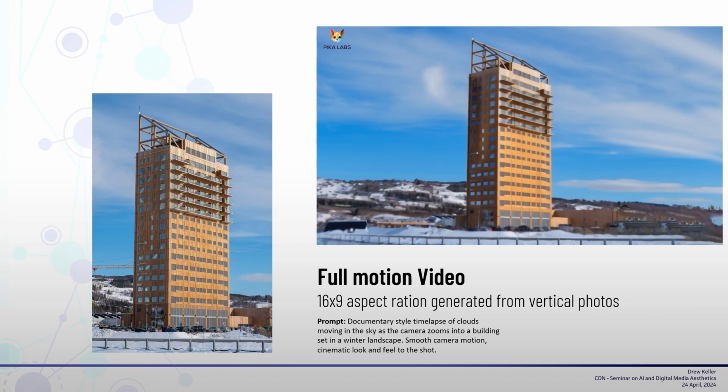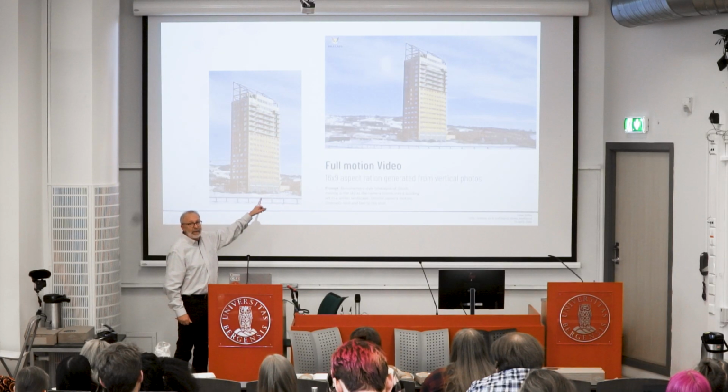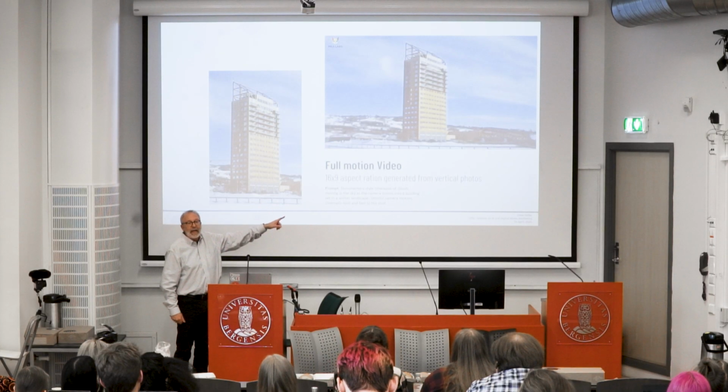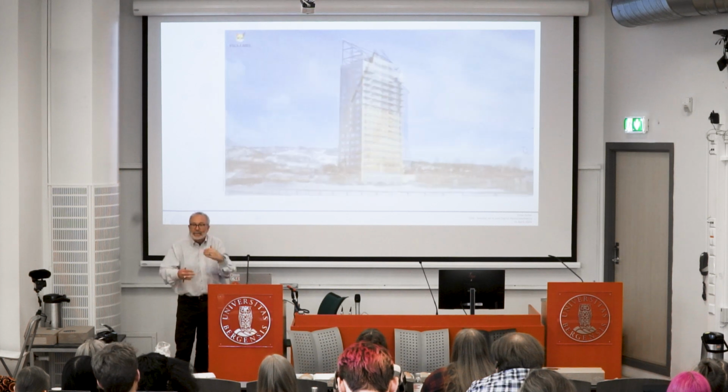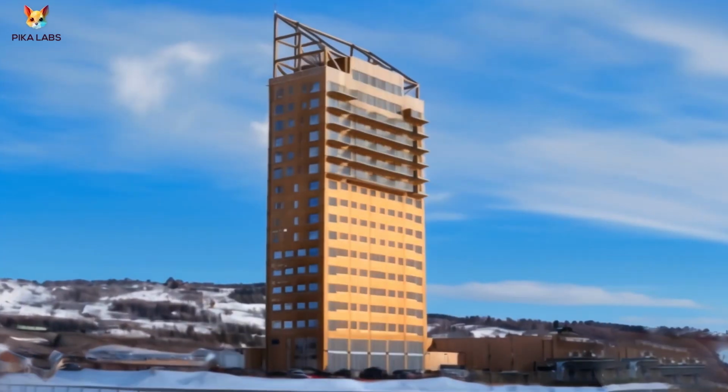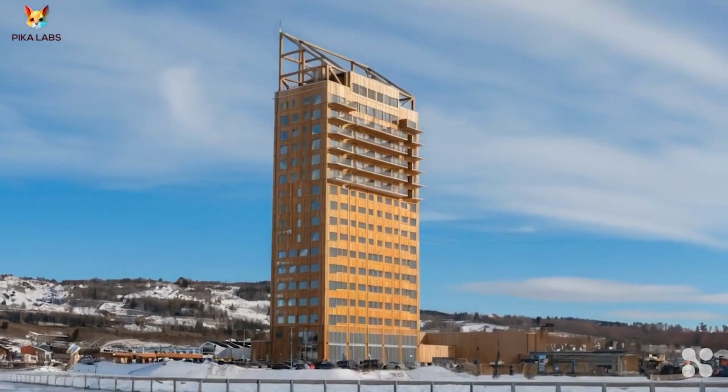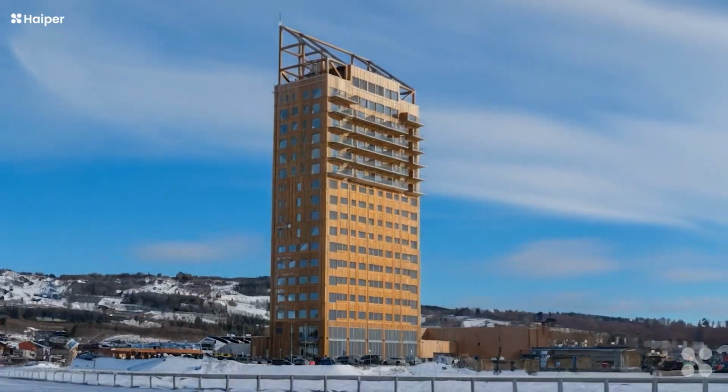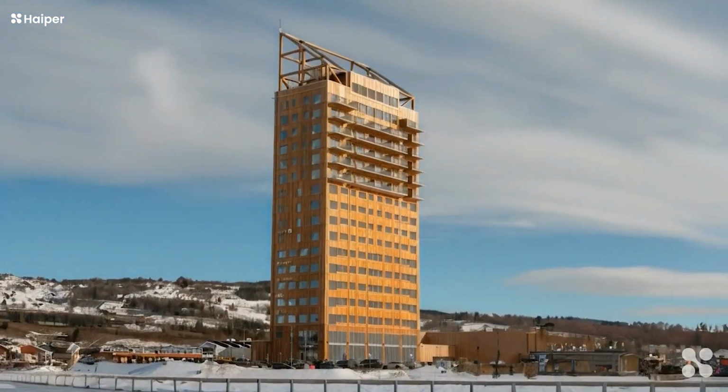A more likely scenario is when you need something that looks like full motion video. In this case, I've got a building and the photograph is vertical, which I need to put in a 16:9 environment. So that means I have to fabricate what's on either side of the building, and then I want to animate that building so it appears lifelike. So when I started in Pika, it looks really cartoony and eventually began to get a little bit more fidelity.